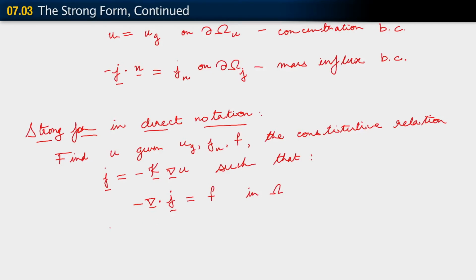Okay, the boundary conditions, the Dirichlet boundary condition is straightforward because it's only on the scalar unknown.